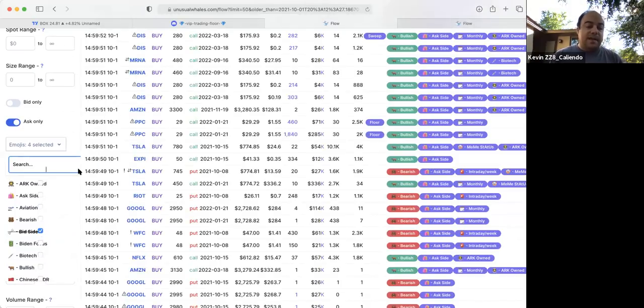As far as bid and ask side goes, the reason I cancel out bid side is because I'm interested in the options that the whales really want to buy at that moment, and that they're valuing acquiring that option over the price, so they're willing to pay the ask. It falls on the ask side.